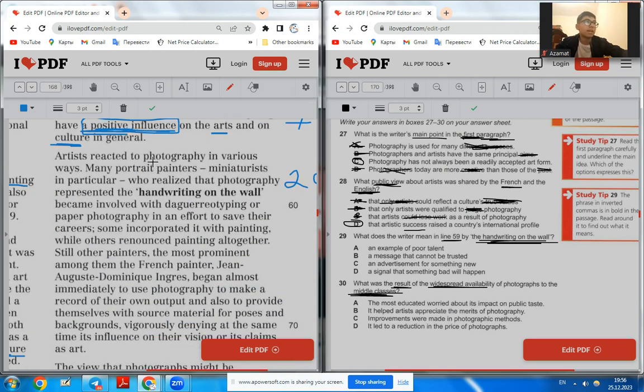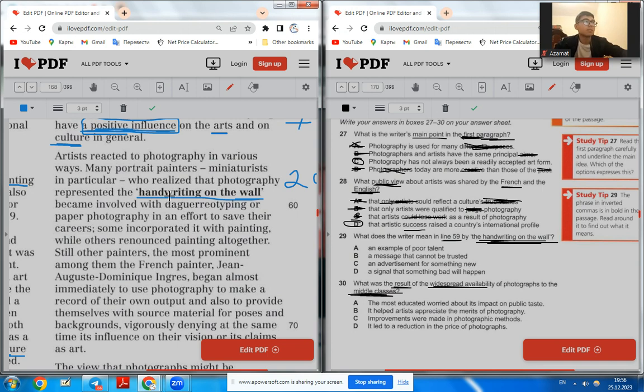Artists reacted to photography in various ways. Many portrait painters, who realized that photography represented the handwriting on the wall, became involved with daguerreotyping or paper photography in an effort to save their careers. Some incorporated it with painting. So the writer mentioned the handwriting on the wall.